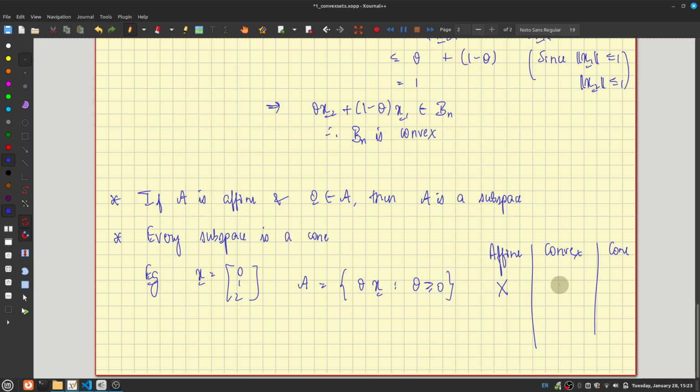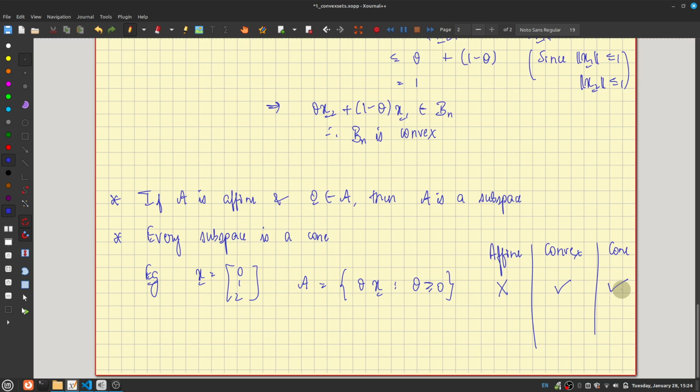So it is not affine. Is it convex? It is convex because if you take any 2 points on this ray, then the line segment that joins these 2 points is contained within the set.